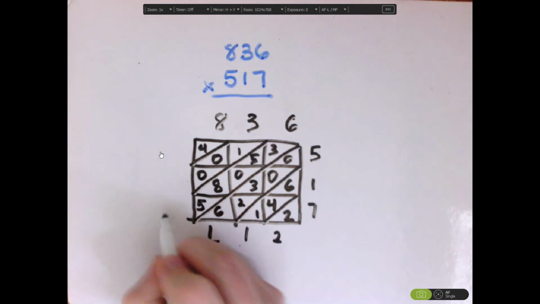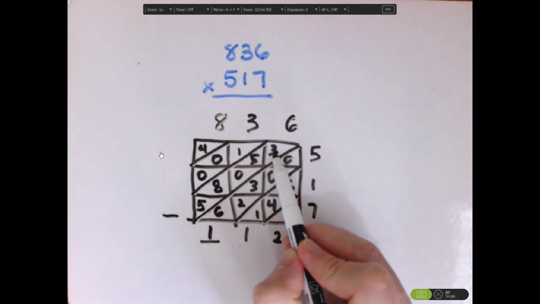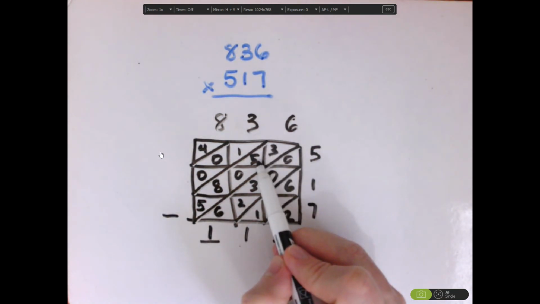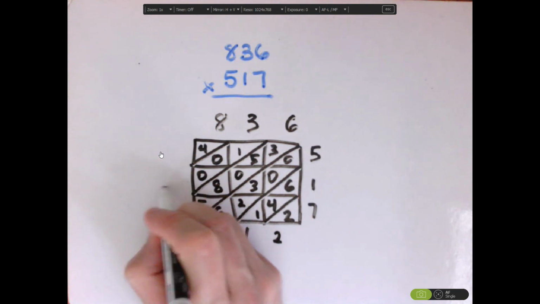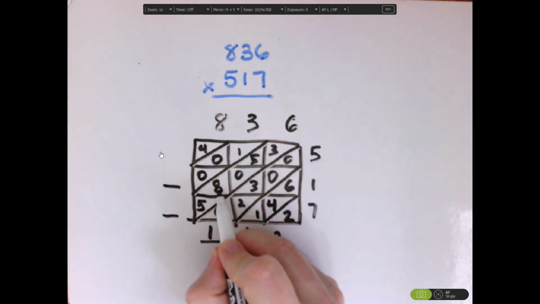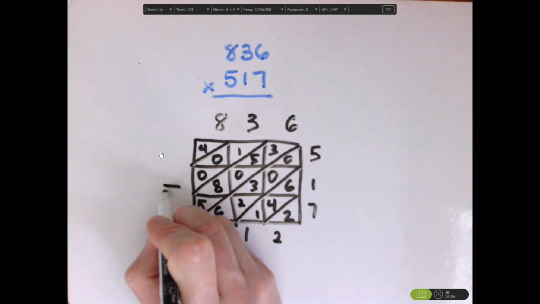Carry another 1. This would be 3 plus 5, which is 8. 8 plus 8 is 16. That's 1. And then 16 plus 5 is 21.